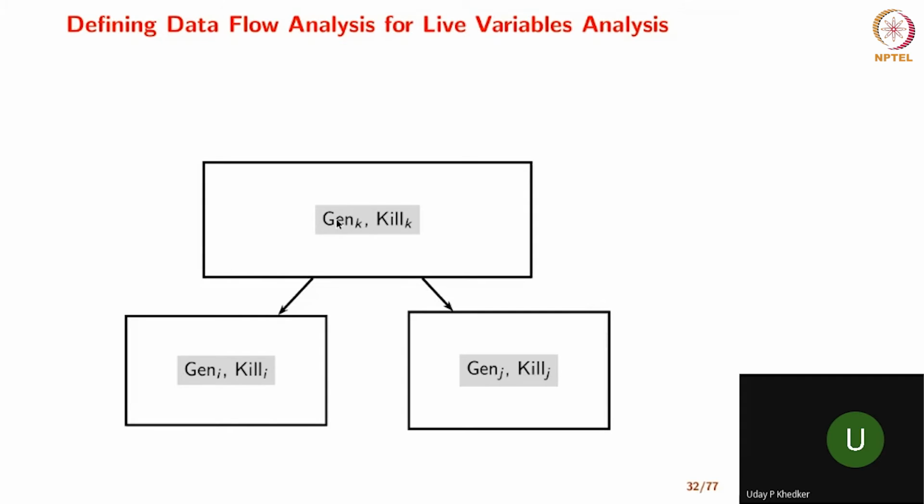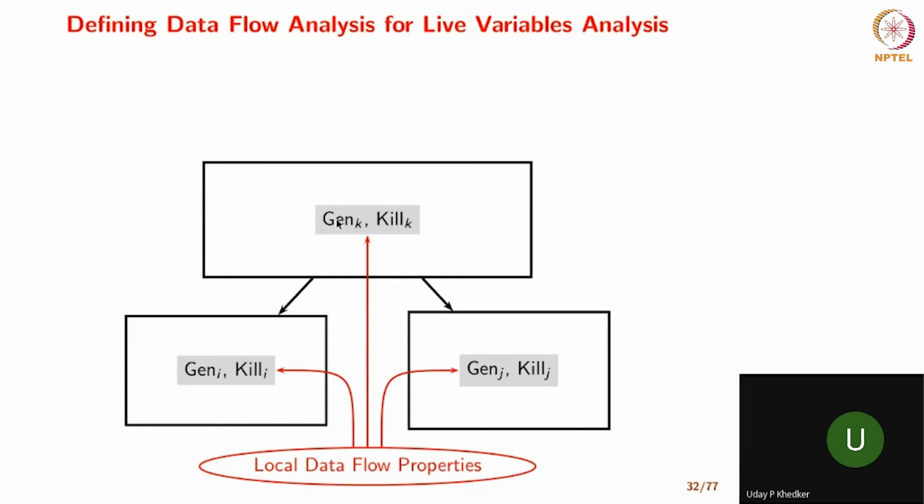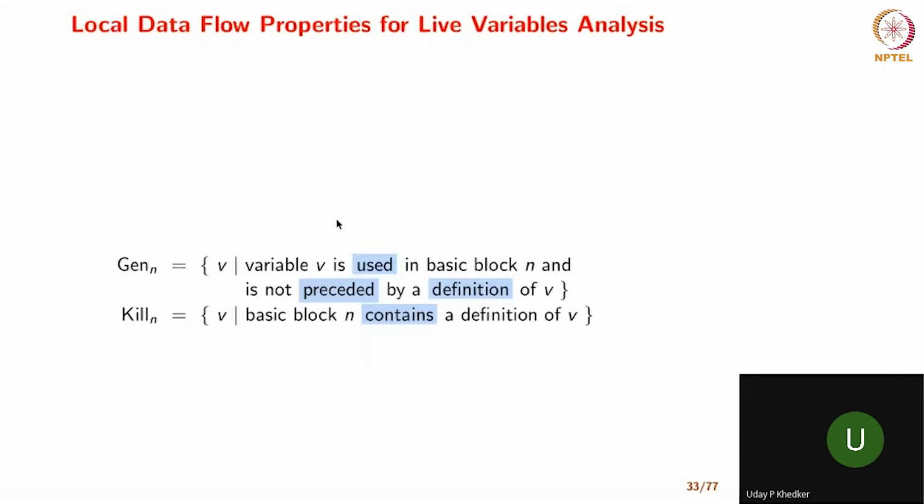The set gen contains those variables whose liveness is generated within the basic block, and the set kill contains those variables whose liveness is killed within the basic block. Assuming that we have computed this for each basic block, these are what are called local data flow properties.